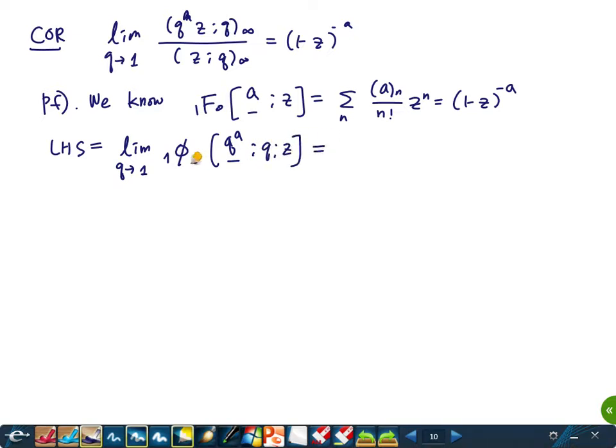And this, we know from the proposition, changing this into this is 1F0. And of course, this is 1 minus Z to the A. So that we can consider the limit of this ratio of infinite products.